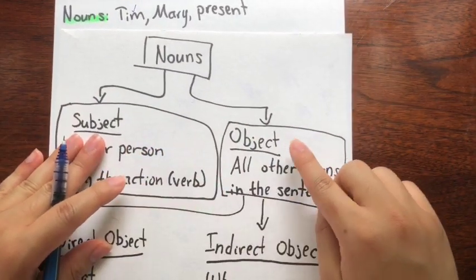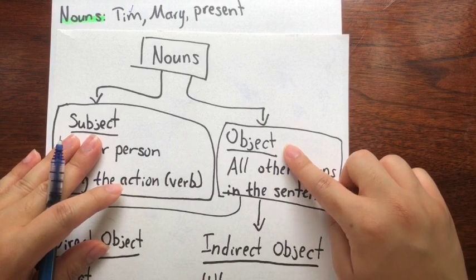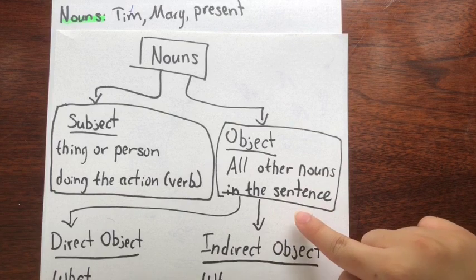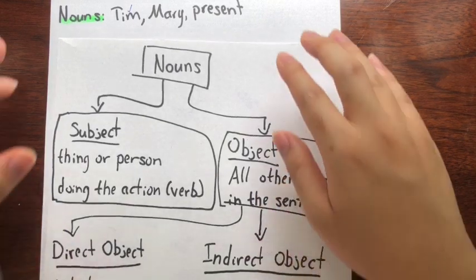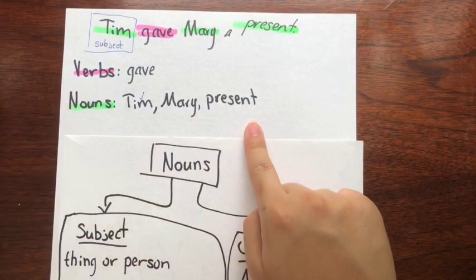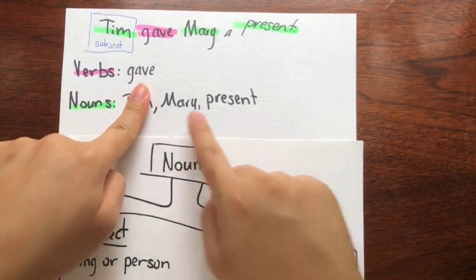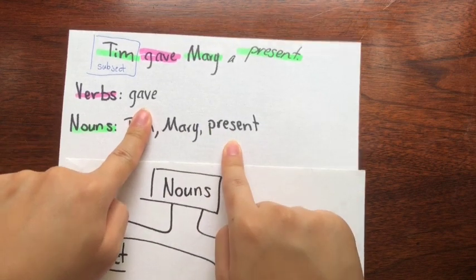Okay? So now let's identify the objects. The objects are all of the other nouns in the sentence. So in this sentence, we have three nouns, but we already identified Tim. So the other nouns are Mary and present.